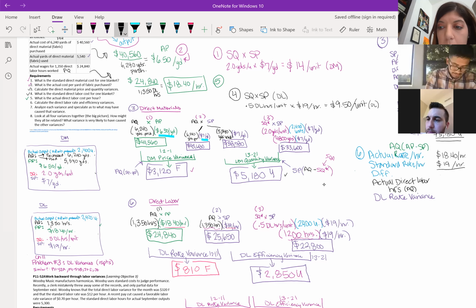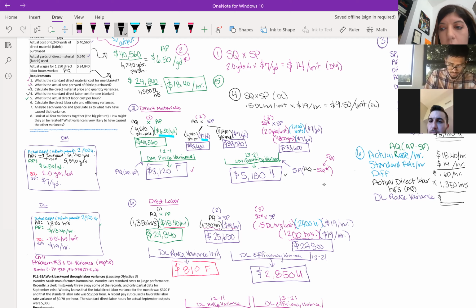So you spent 60 cents per hour less than you should have. Times the actual direct labor hours, your actual quantity, which was 1,350 hours. So your direct labor rate variance comes out to 810 favorable.